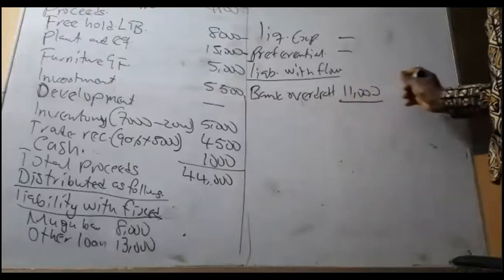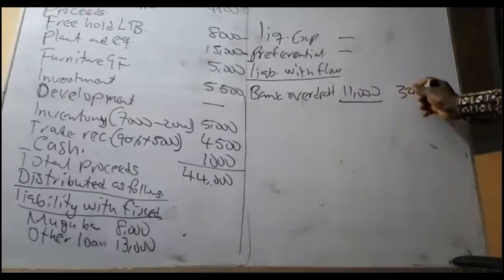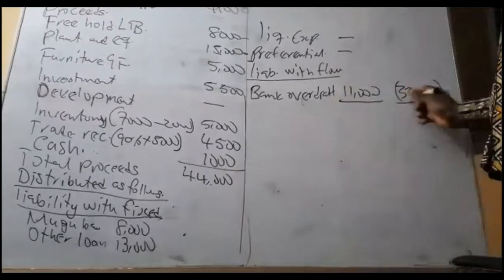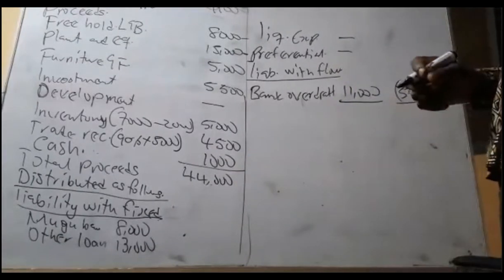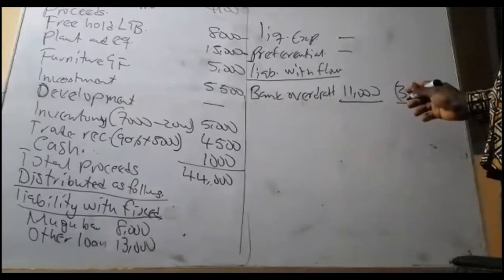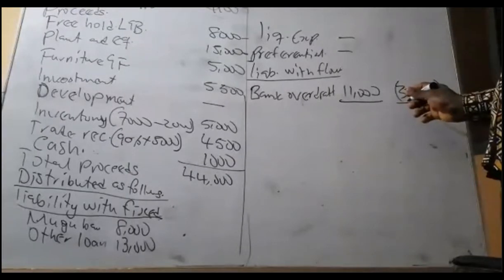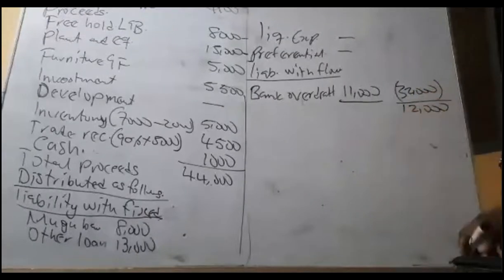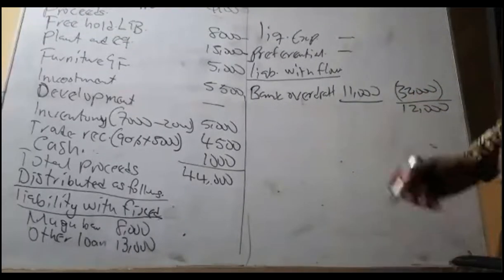You write it here as 32,000 and subtract it from the 44. So 44 minus 32 is 12,000, right? So we are left with 12,000.